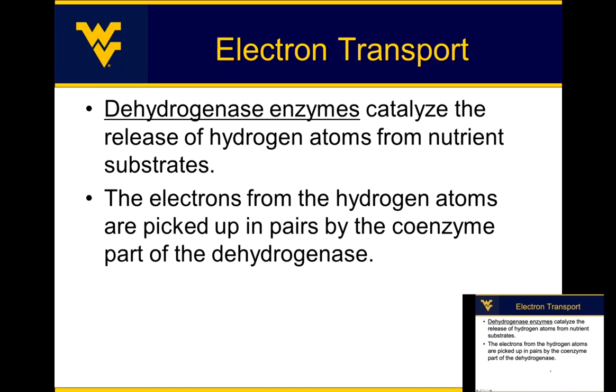Okay, so I've talked about the importance of these dehydrogenase enzymes through all of this. And again, this is just enzymes that can catalyze or break down a substrate and release hydrogens with their high energy electrons from your nutrients, from the carbs and your fats that you eat. Okay, because they are releasing these protons, something must pick them up.